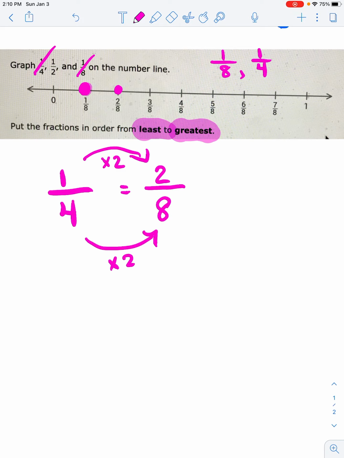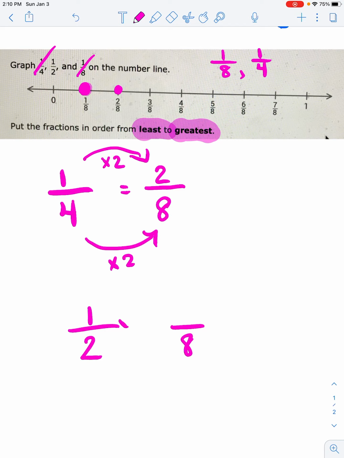Okay, and now let's look at 1/2. And another way to show this proportional relationship is 1/2 is how many eighths? So again, we're setting it up basically the same way.